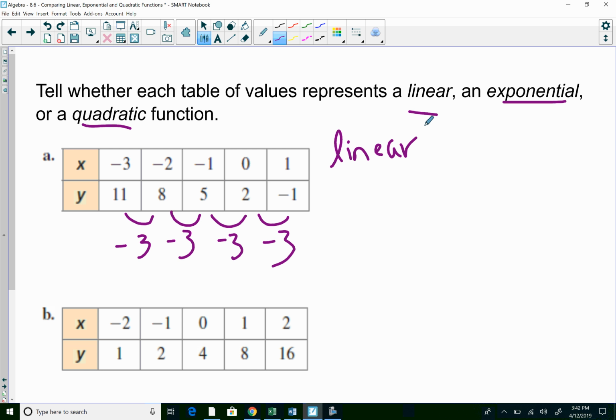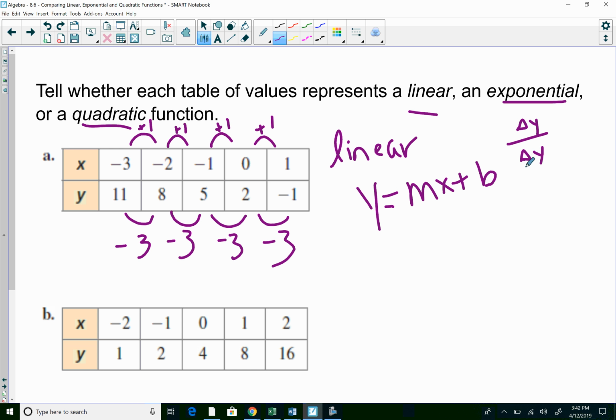I'm going to take this one step further and say, since it's a linear, what is the equation of that linear? We are in the form of y equals mx plus b. Figure out what our slope is. We're going up by 1 each time here, and then we're going down by 3. Remember, your slope is rise over run or change in y over the change in x.